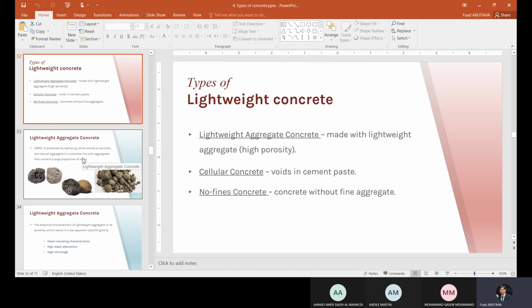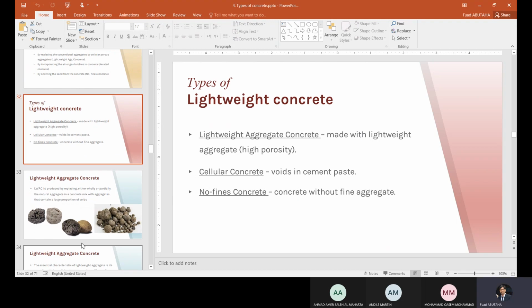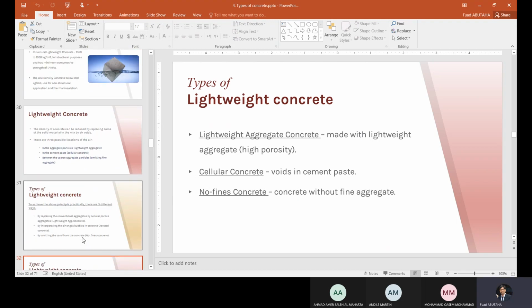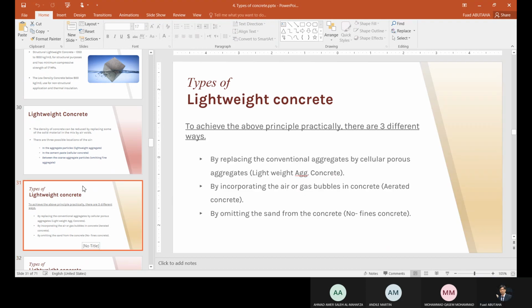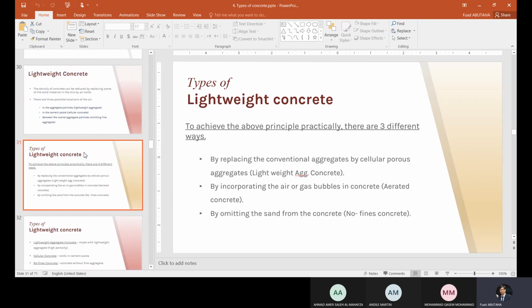But they can benefit from lightweight concrete by using it in non-structural elements like walls or any partitions, any application which is non-structural, in order to reduce the dead load of the structures.